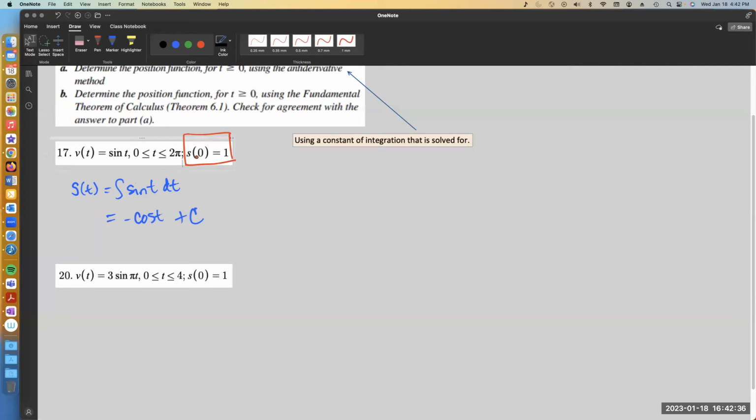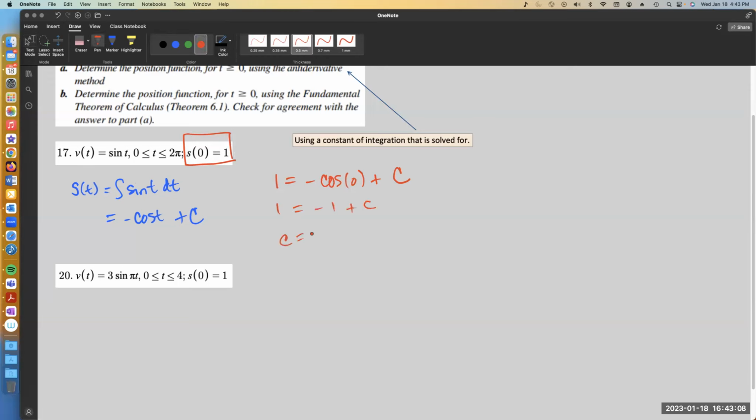So this initial position says when t is equal to 0, s is equal to 1. So s is 1 when t is 0. So that's the equation that we are going to solve to find the constant of integration. All right, so then cosine of 0, go over to 0 radians, cosine of 0 is positive 1.